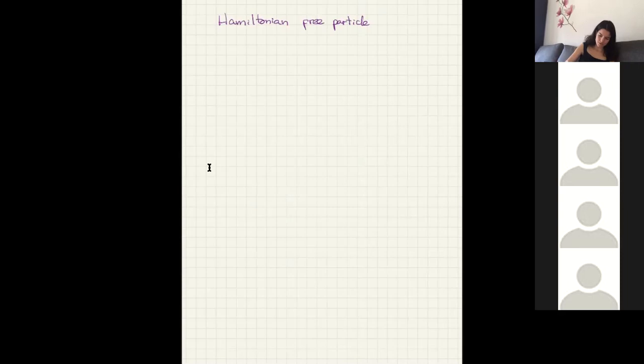So in this case, we're going to have H being some, I'll write down what this is, P squared, okay, these two terms where this is going to be what I call kinetic energy, and this is going to be what I call potential energy.